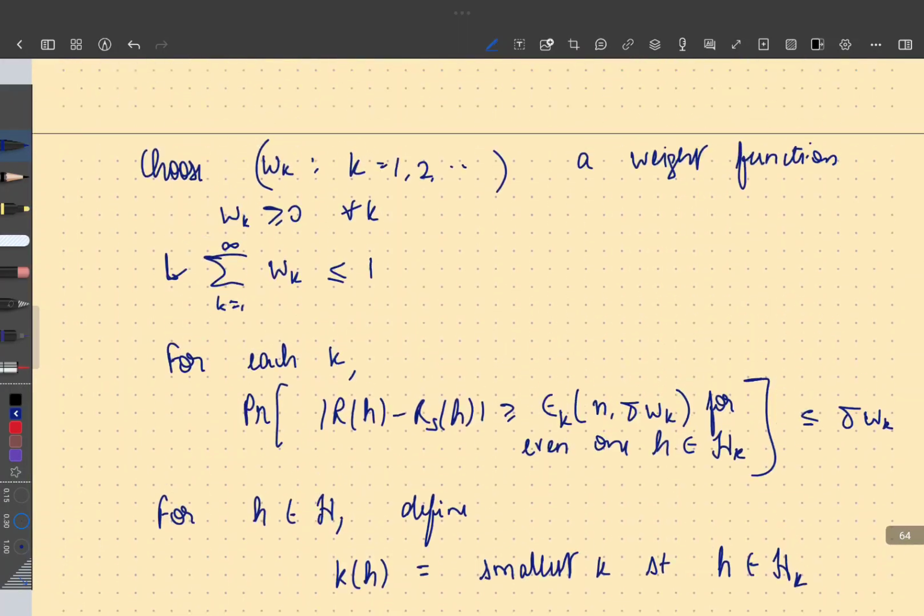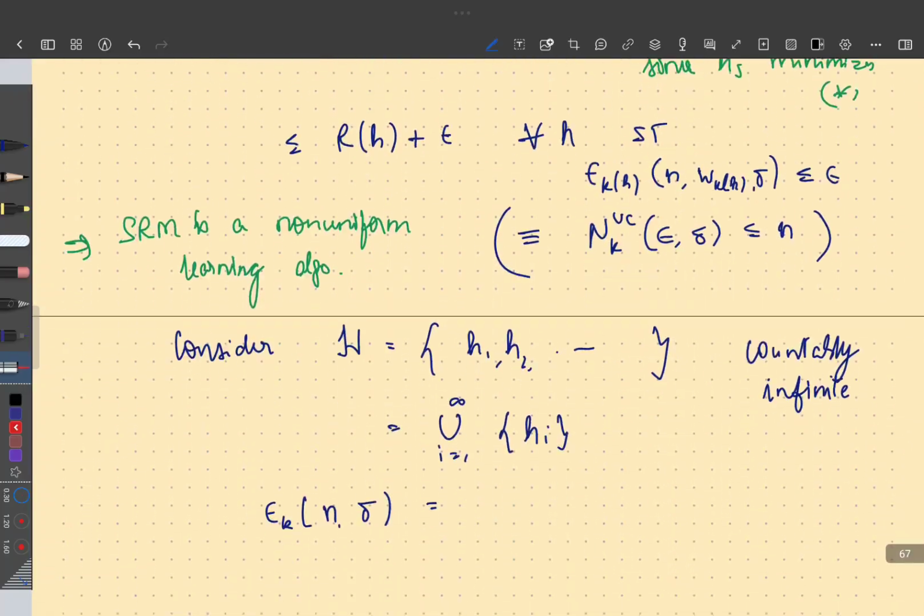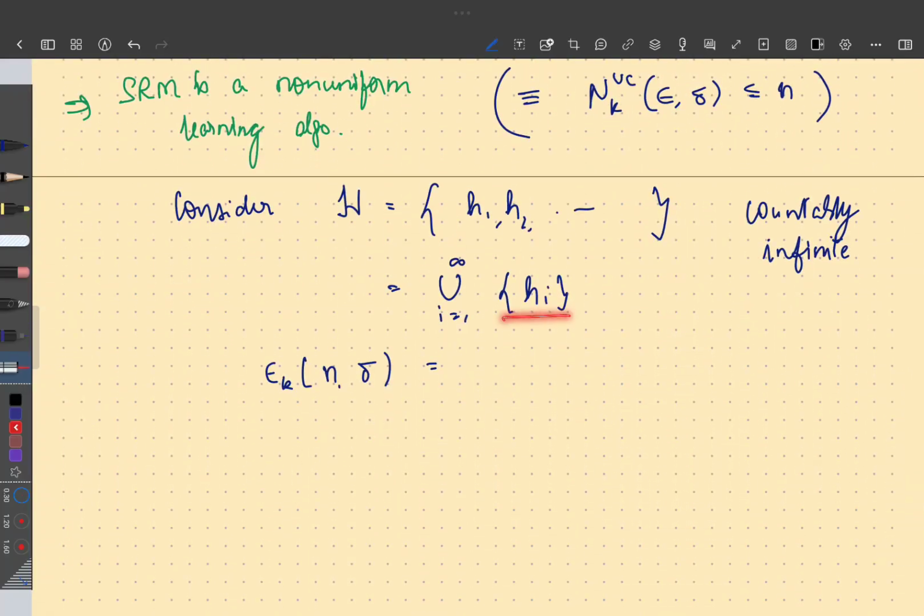Basically, if I have n samples and I want uniform convergence within the subclass, that is Rs of h minus R of h should be within epsilon for every h, and this should happen with probability at least 1 minus delta, right? So then how would you get a bound on that epsilon for this specific example? What would you use?